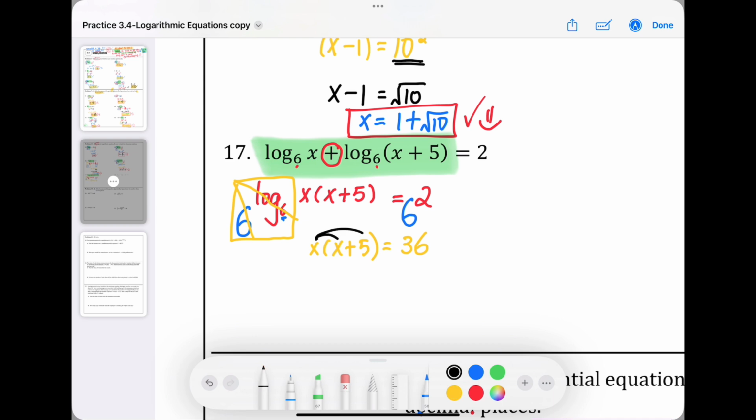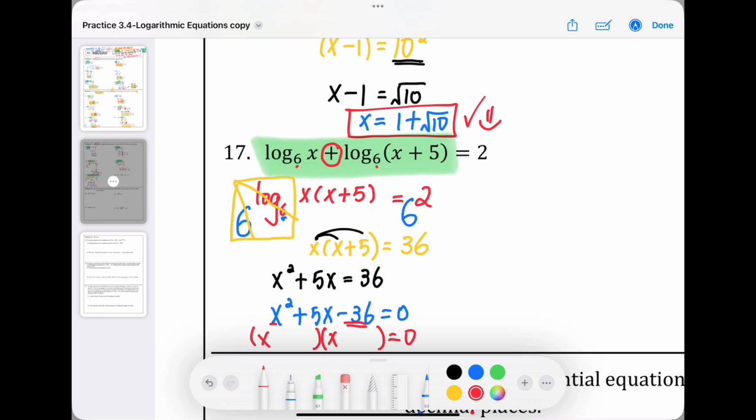That becomes 36, okay? Then you can say muscle memory, distribute. So I have x squared plus 5x. That is equal to 36. And then muscle memory, I'm going to factor this out. So what can we say? Minus 36 will equal 0. And factoring tells me first and last, right?